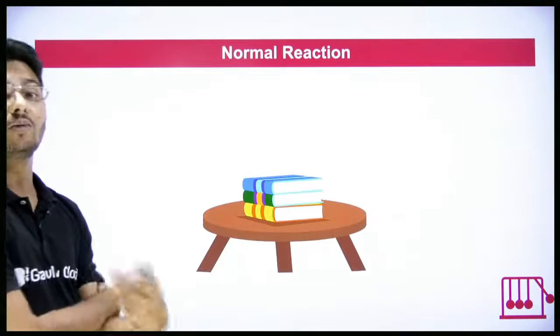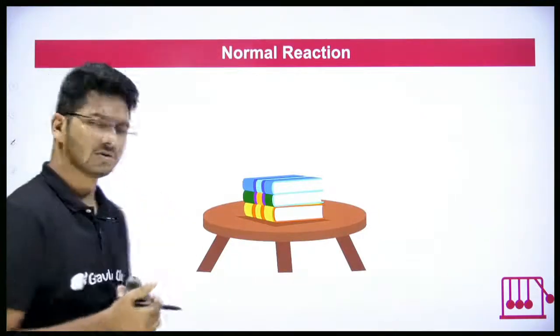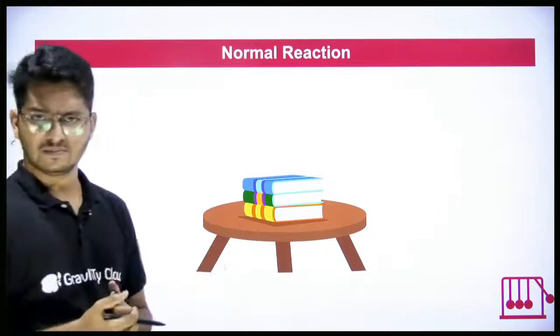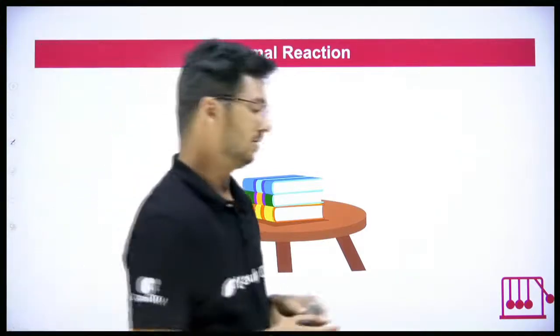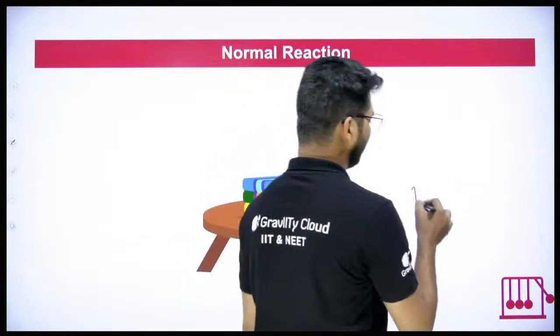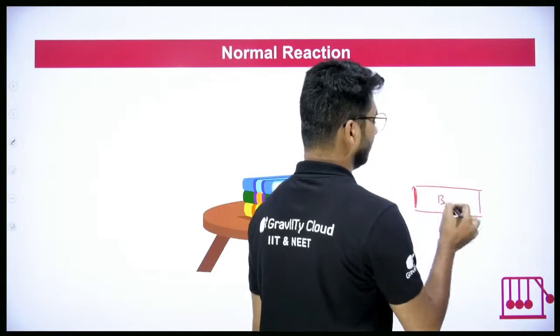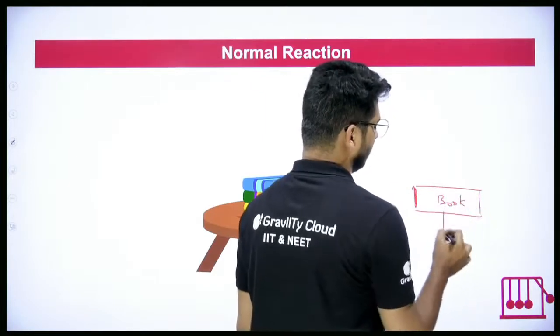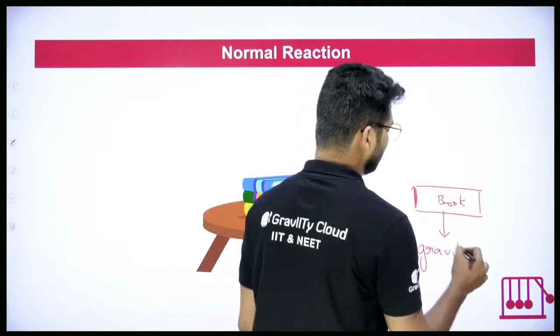Now we'll go into normal reaction. What is normal reaction? Look at these books. These books are placed on a table. Now, what are the forces acting on these books? You can take one book, for example. Imagine that there is one book placed on a table. Everyone knows there's a gravitational force.